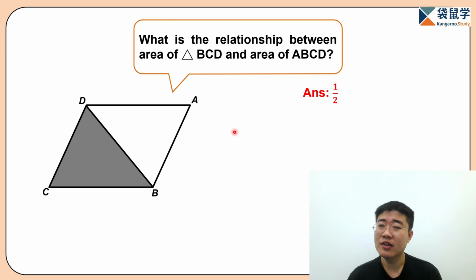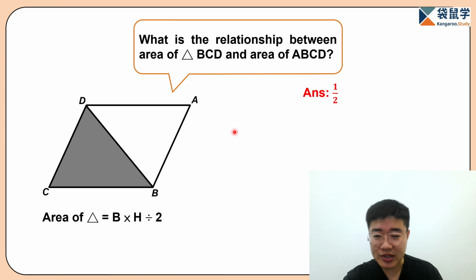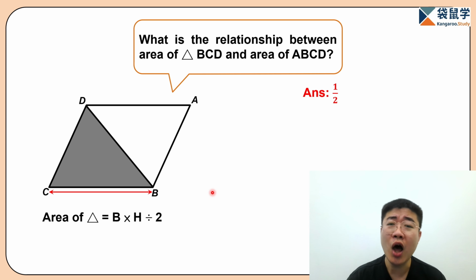So of course, for the same question, we can also explain it from the perspective of the area formula. So let me ask you everyone, how do we calculate the area of a triangle? We can find this by using the base times the height divided by 2. So we say the area of a triangle is base times height divided by 2. So for the shaded triangle BCD, suppose we take BC as the base. Now everyone, how do we draw the height?